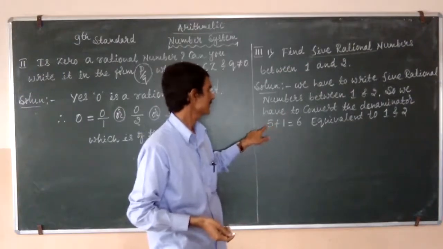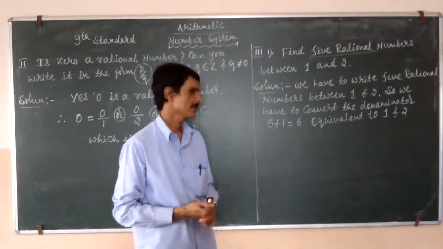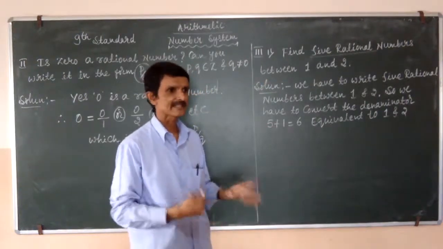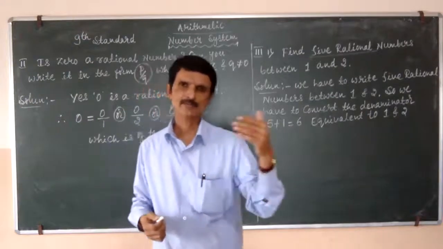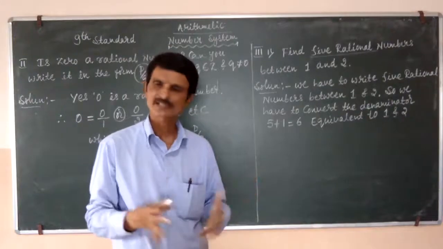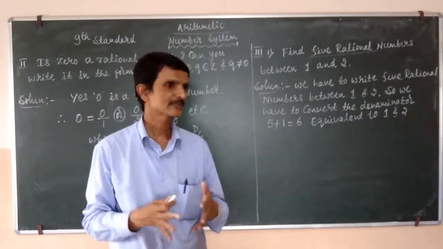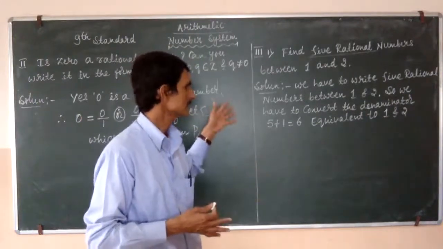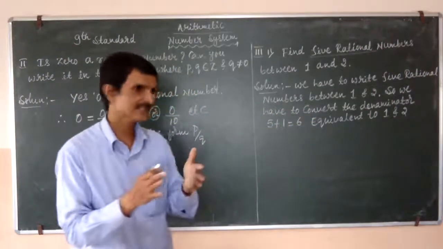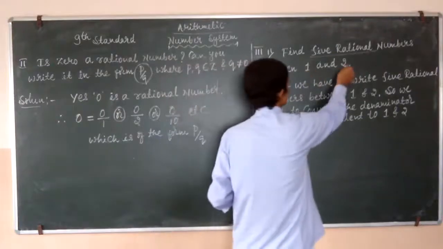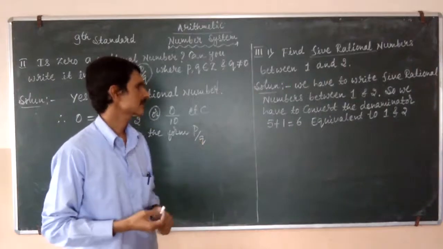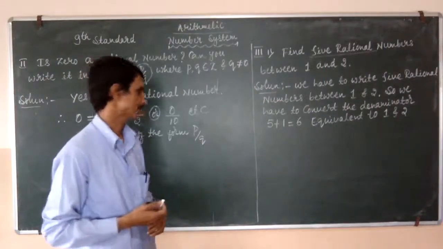If we want to write 10 rational numbers, we are going to add 1 for each. In general, we know that there are an infinite number of rational numbers between any two numbers.